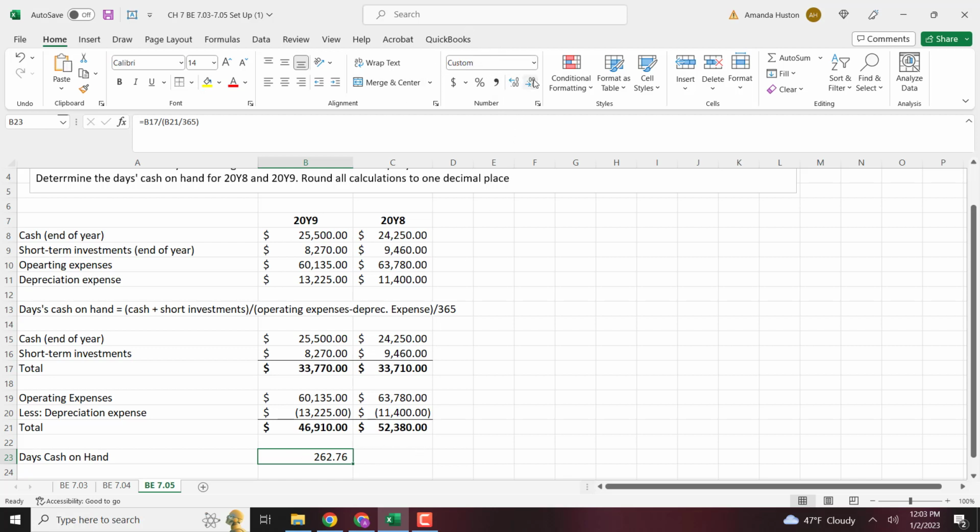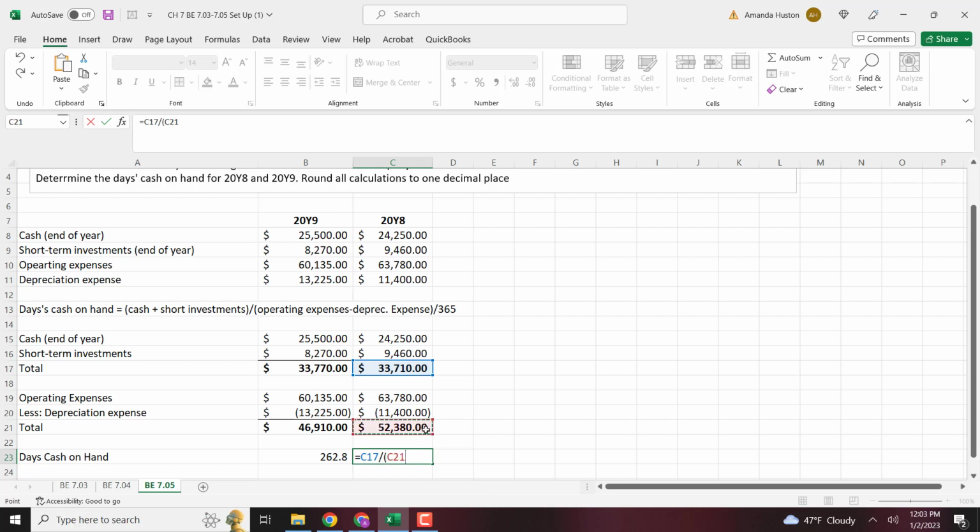So if we're going to round to the nearest day, round to 1 decimal is what it says. So again, the formula is total from above, so the cash and short-term investments, divided by total operating after depreciation, divided by 365.